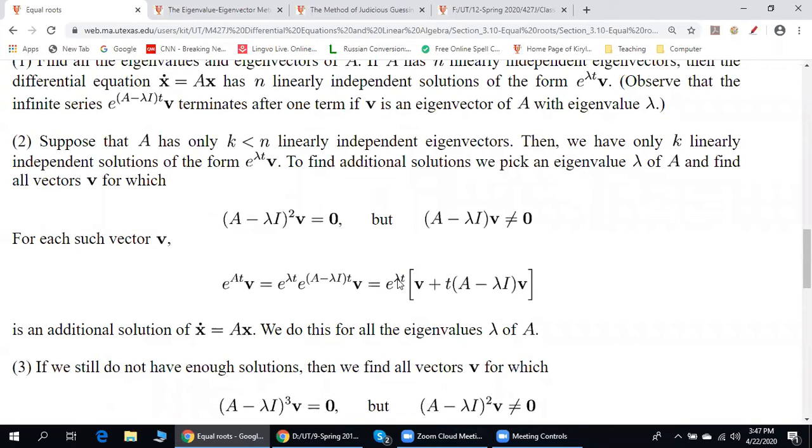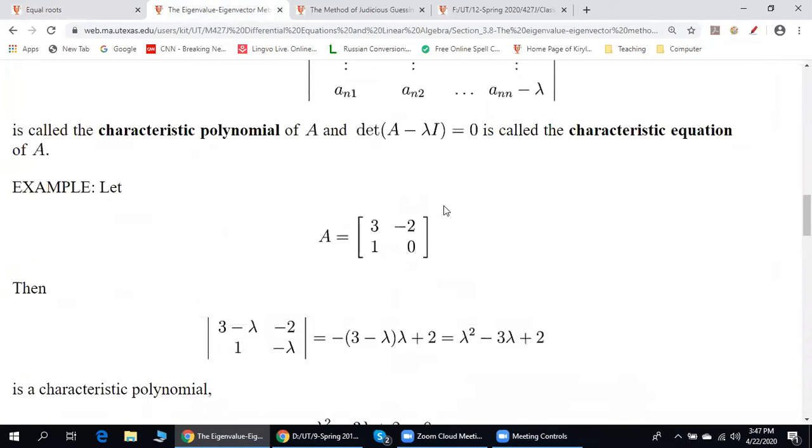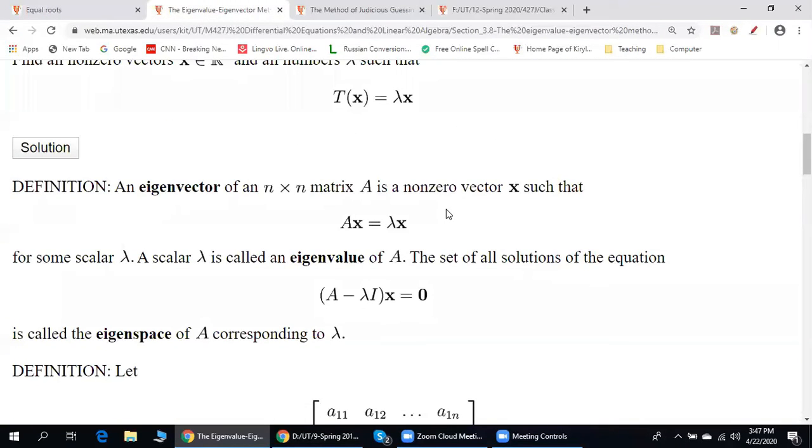In these formulas, lambda is an eigenvalue, but v is not an eigenvector. Remember, what is an eigenvector? An eigenvector is a non-zero solution of this equation, which is the same as this equation.